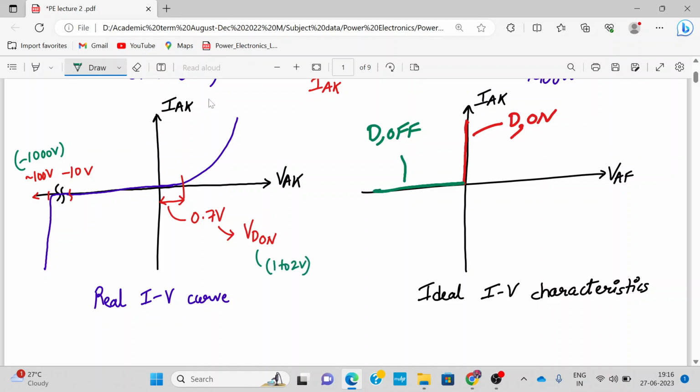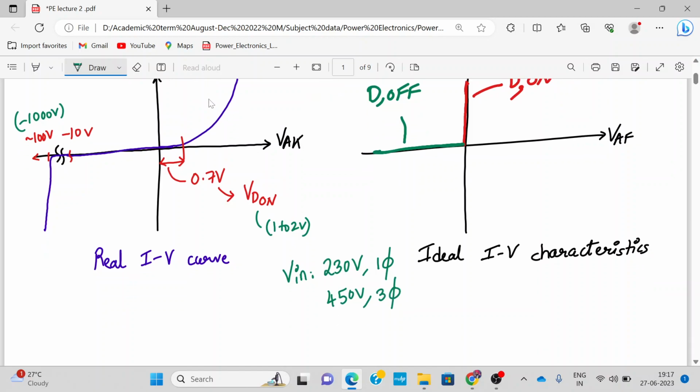But in a realistic scenario, when we apply input voltage in a power application, the input voltage itself is pretty large. Let's say the input voltage is in the range of 230 volts in a single phase supply, and in the range of 440 to 450 volts in a three phase supply. Such a high value of AC signal, right? We are talking about the AC signal.